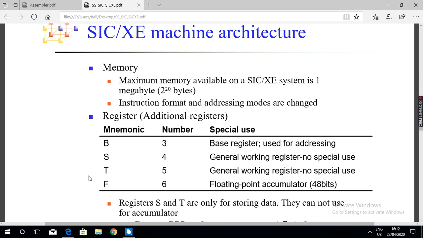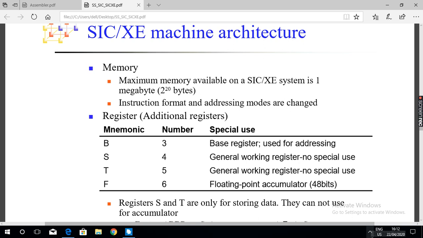You know which registers are available for SIC? Register A, register X, register L, program counter, and status word register. These are the 5 registers available for SIC, and the same 5 registers can be used by SIC/XE.